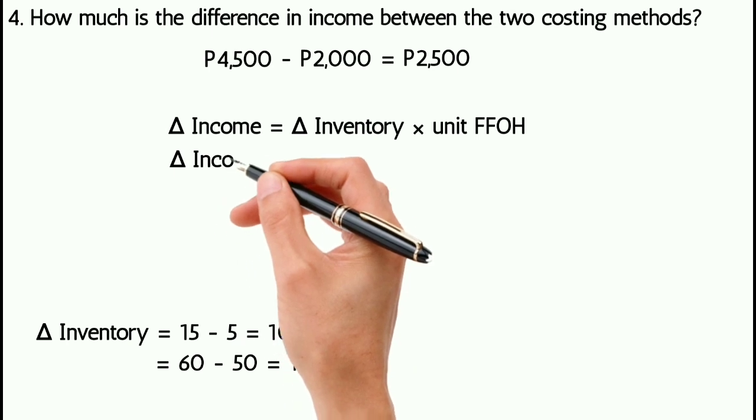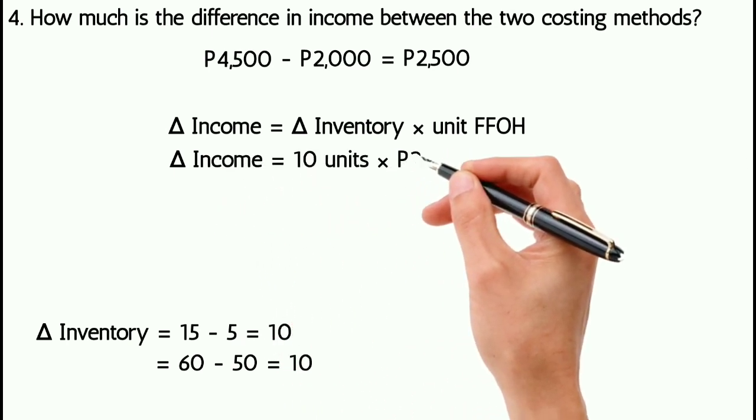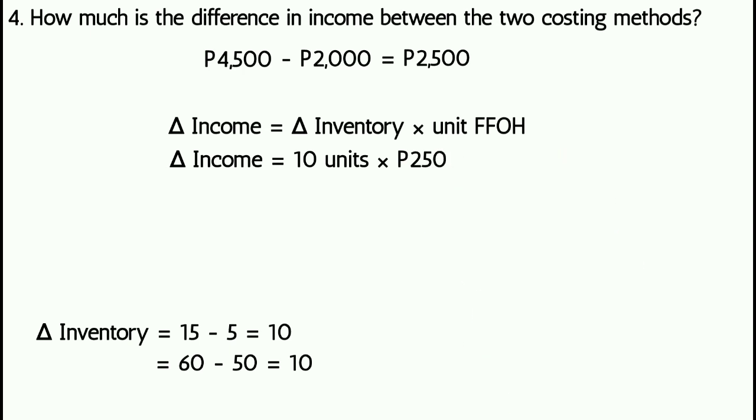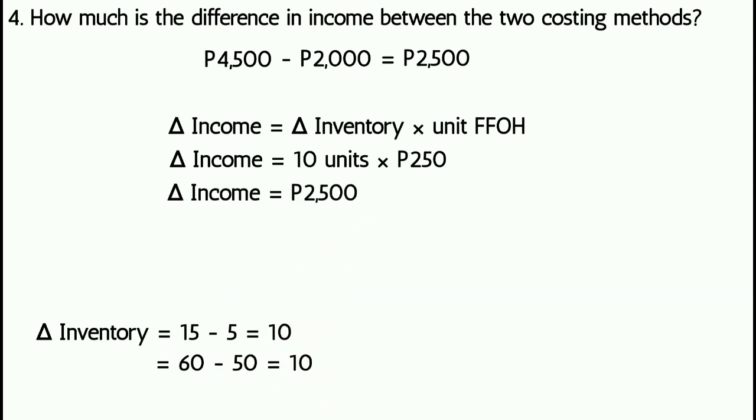Change in income is equal to 10 na change in inventory times yung unit fixed factory overhead na 250 pesos. 10 times 250, that is equal to 2,500 pesos.